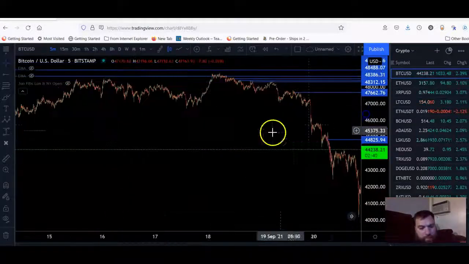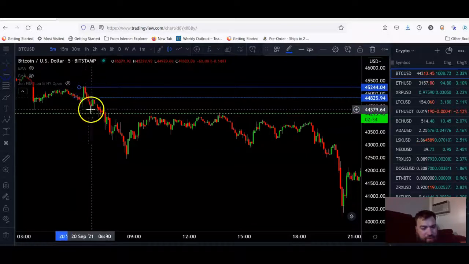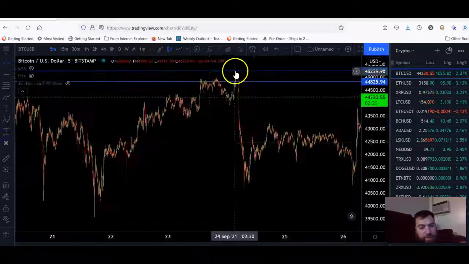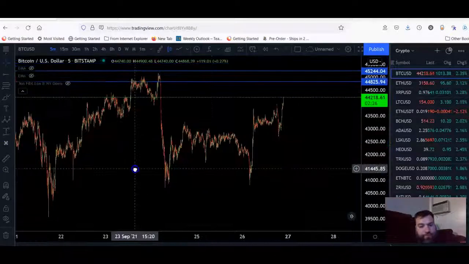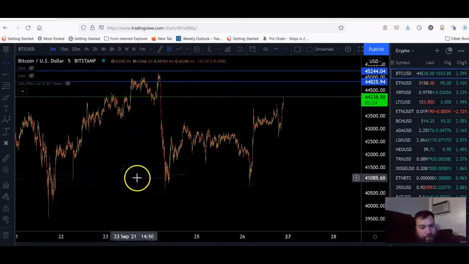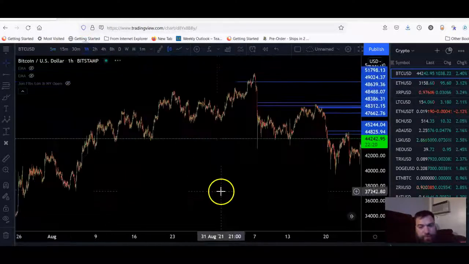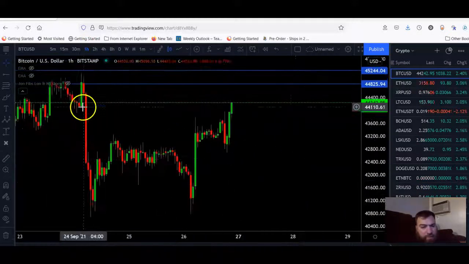Here's like a 5-minute zone right here. Price came back to here, sell off. You got some equal lows right here. So I'm curious. I'm curious about this candlestick right here.